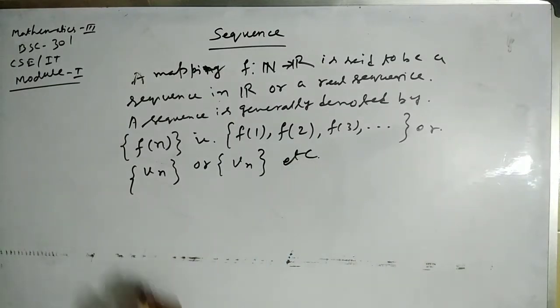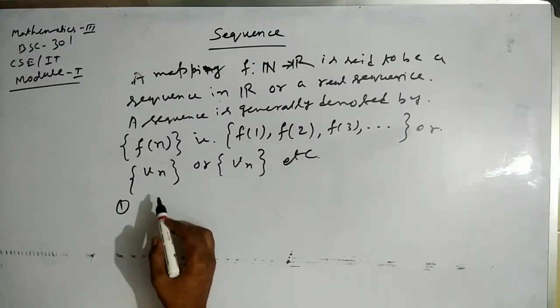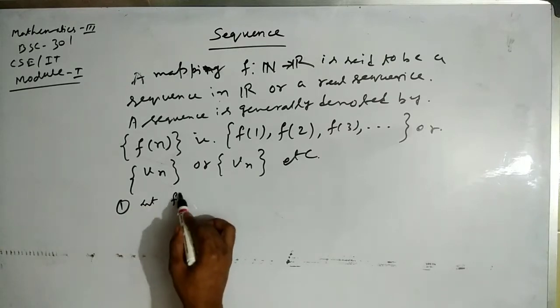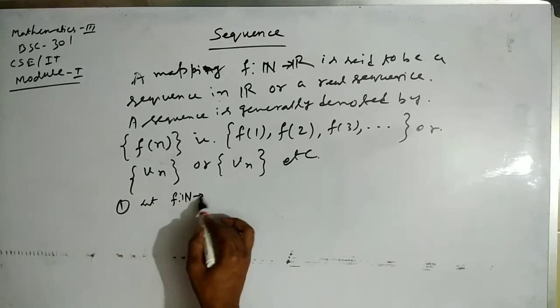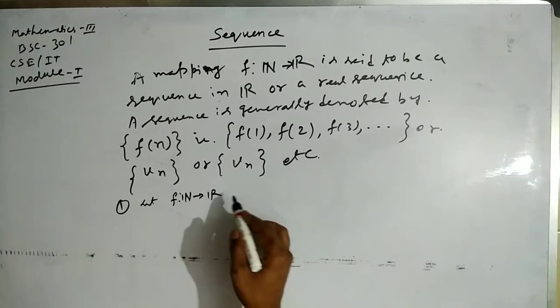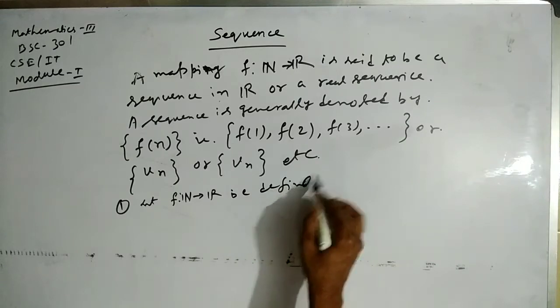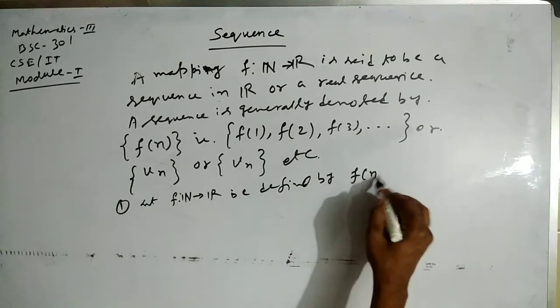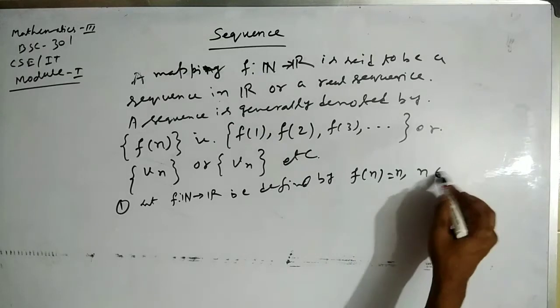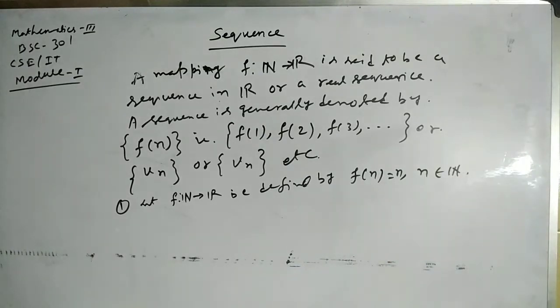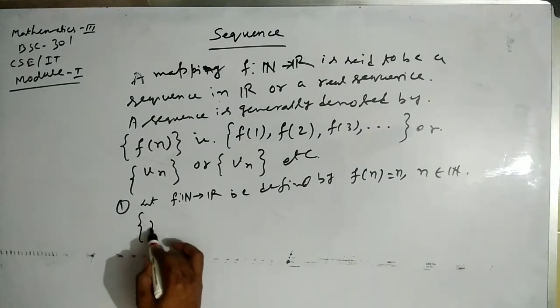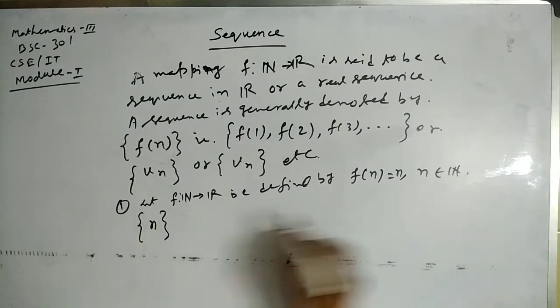Okay, so now I'll give you some examples of sequence. First example: let f from natural number to real number be defined by fn equal to n, where n belongs to natural number.